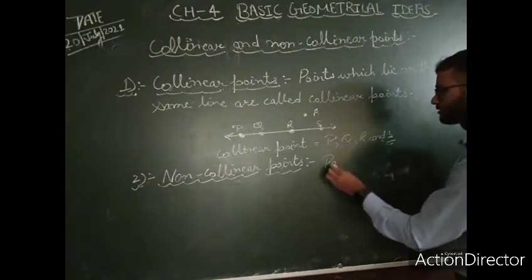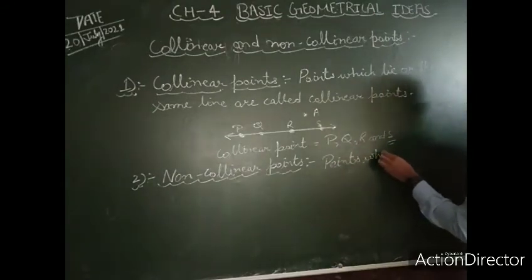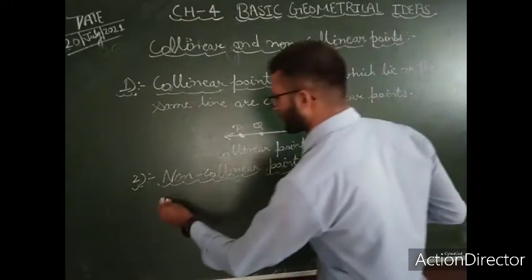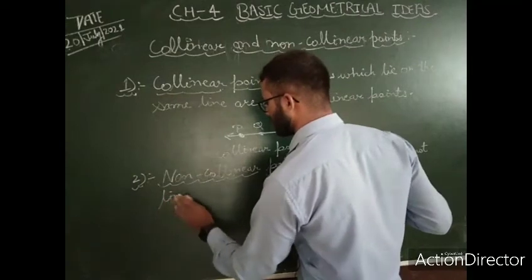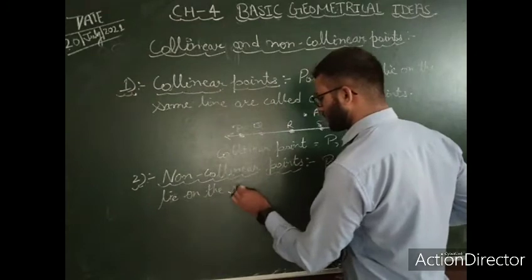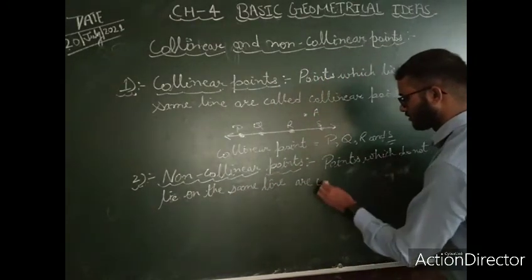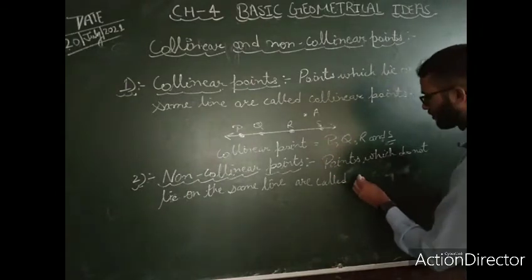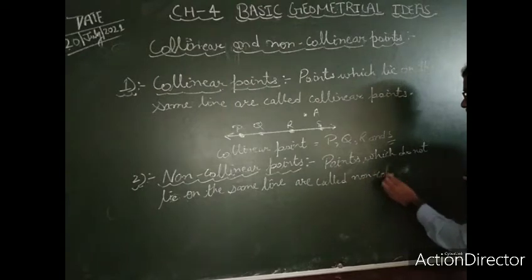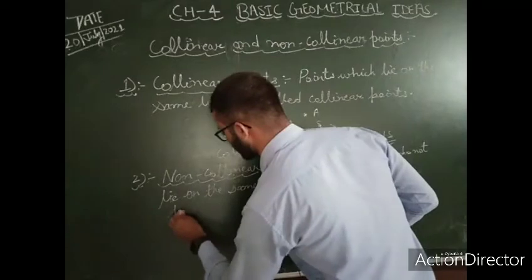So here we write: points which do not lie on the same line are called non-collinear points.